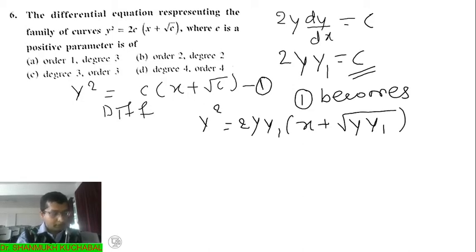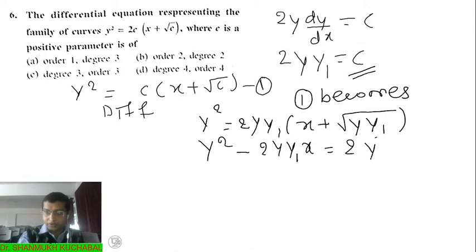Further simplifying this, we get y square minus 2y y dash x equal to 2 y1 raised to 3 by 2.